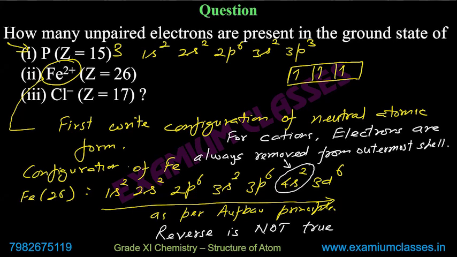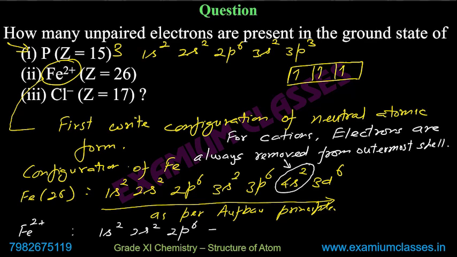So the configuration of Fe2 plus will be 1s2, 2s2, 2p6, 3s2, 3p6, 3d6.